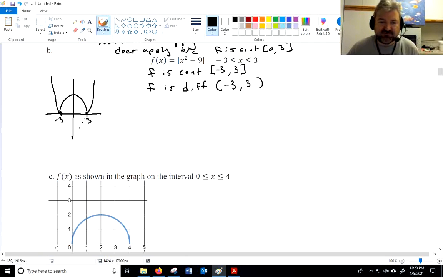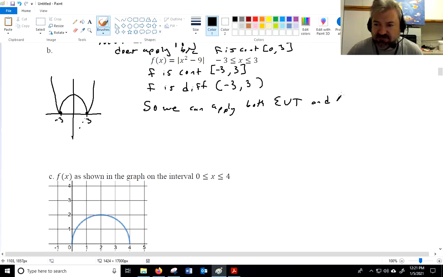So yes, it's not differentiable at negative 3 and 3, but this is just asking us if we can use the mean value theorem on that interval. And we can, as long as we're continuous on that interval and differentiable on the open interval. So we can apply both the extreme value theorem and mean value theorem.